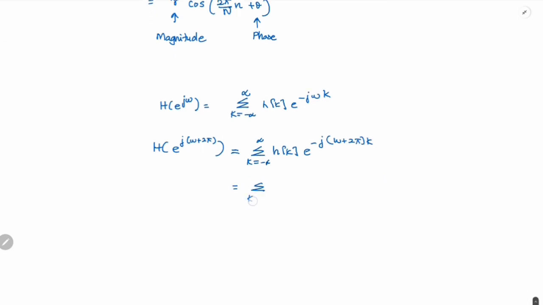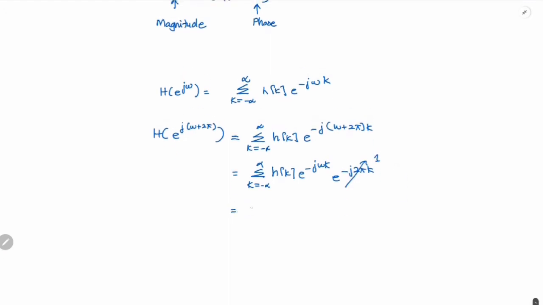And this is nothing but e power minus j omega k times e power minus j 2 pi k, and this is going to be equal to 1. So then this is equal to my h of e power j omega. So h of e power j omega is periodic in omega with periodicity 2 pi.